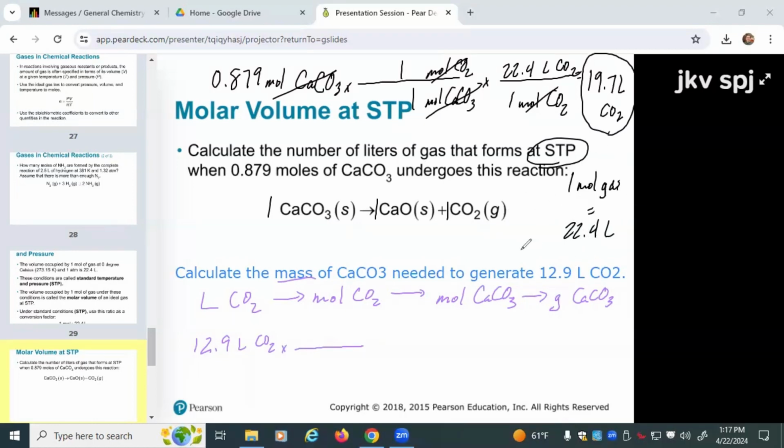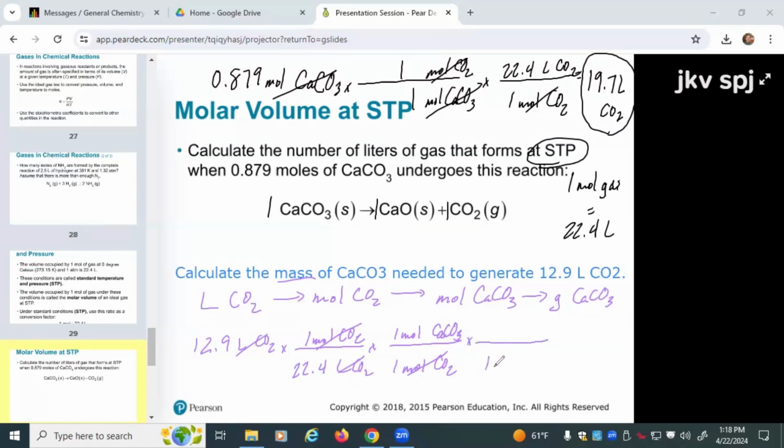So I would use this Avogadro conversion, 22.4 liters of carbon dioxide in every mole. That would cancel out my liters and give me moles. The ratio is still 1:1, so 1 mole of carbon dioxide would give me 1 mole of calcium carbonate. My moles of carbon dioxide cancel.